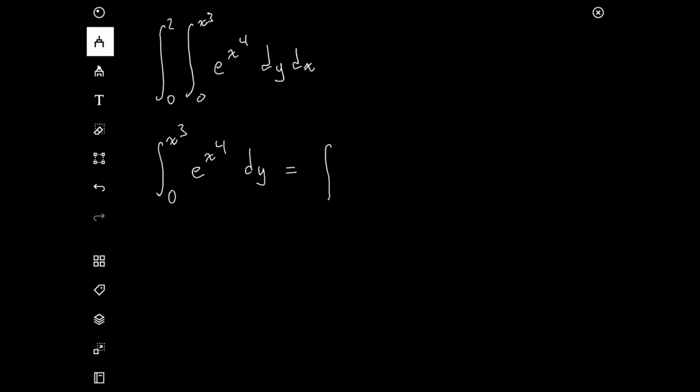So this is just e to the x to the 4th times y, from y equals x to the 3rd to y equals 0. Substitute that in for y.